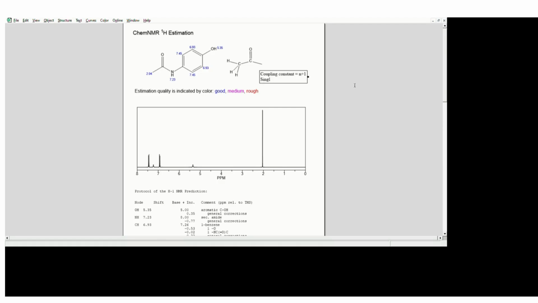Now, next are the free protons and the aromatic protons. As I already told you, free protons are identified by D2O exchange.